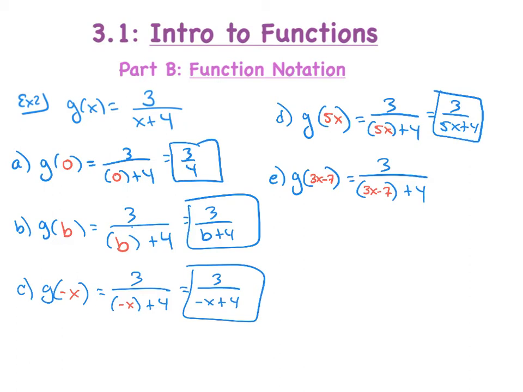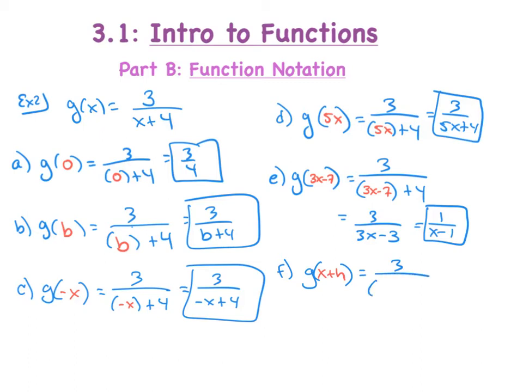So 3x minus 7 plus 4 is 3x minus 3. Ooh, you know what? Since the 3 can cancel with both of the 3's in the denominator, I can make this 1 over x minus 1. Cool. Okay, last one, getting ready for the difference quotient problems. Let's do g of x plus h.